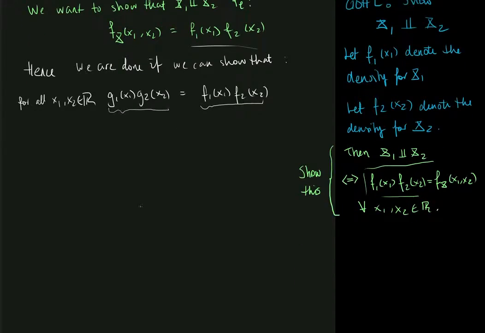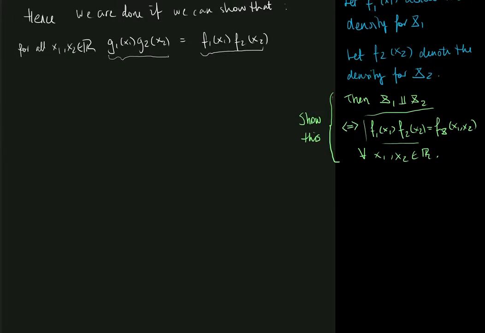So in order to show this statement, we have to consider the marginal densities, f1 of x1 and f2 of x2, respectively. So let's say let x1 and x2 in R be given, because we need to show this statement for all x1 and x2.